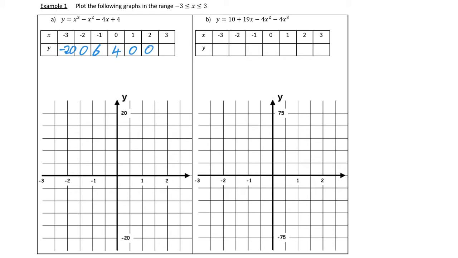And when x equals 3, y is 10. What we now have to do is plot those points. So the points you're plotting are (-3, -20), (-2, 0), (-1, 6), (0, 4), (1, 0), (2, 0), and (3, 10). So I'm now just going to plot those points, and then I will draw the curve.